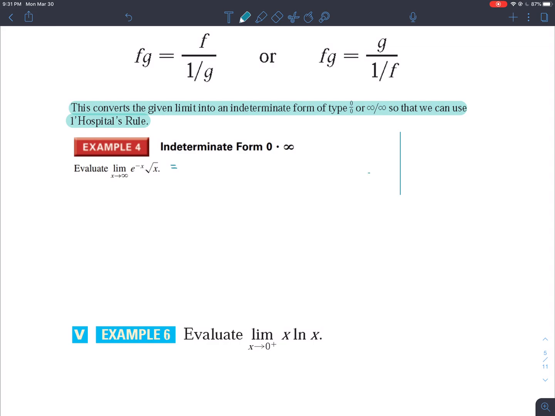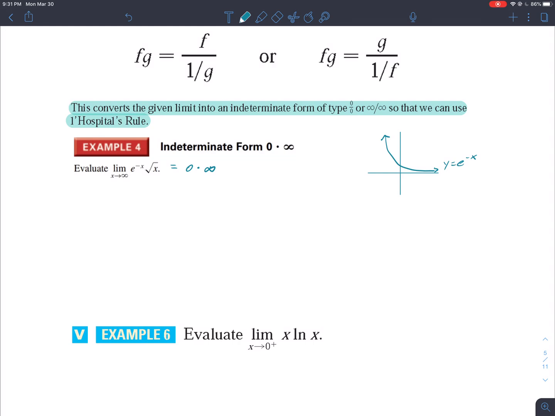You can think about that algebraically, or you can look at it in a graph. e to the negative x would look like this. This would be y equals e to the negative x. And as x approaches infinity, this approaches 0, right? The curve approaches 0. So we are looking at 0 times the square root of infinity, which is still infinity. So a 0 times infinity case is what we're dealing with.